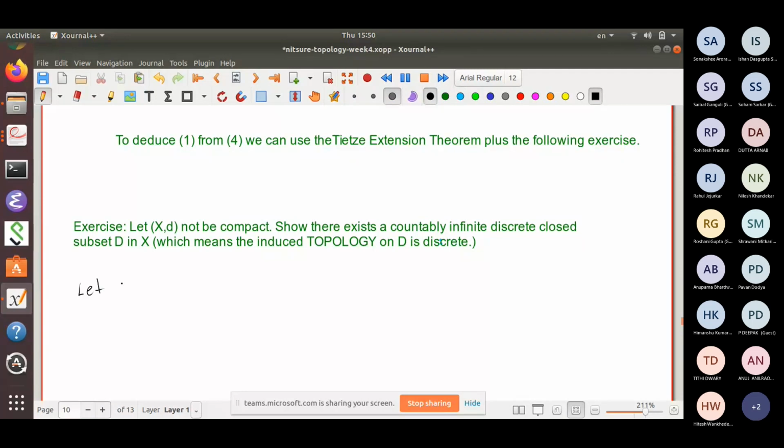Let X be a metric space. Let A be a subset of X such that A has no limit point.